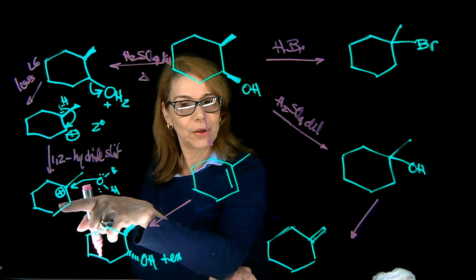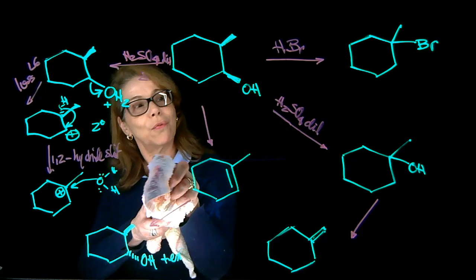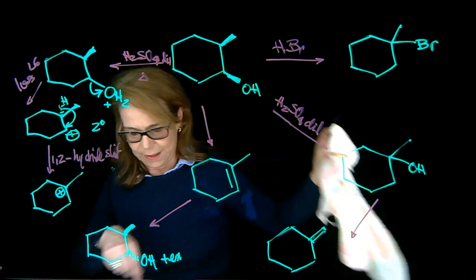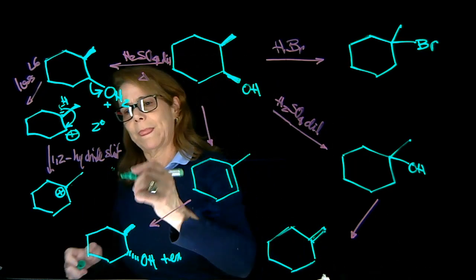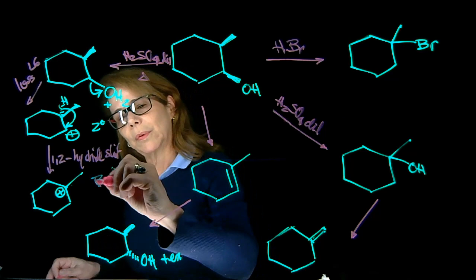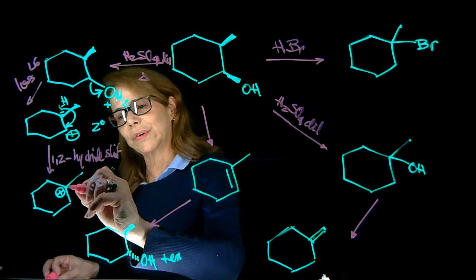But once you have the carbocation, instead of having the attack by water to form the other compound, your nucleophile is going to be bromide. Let me write it in purple. Bromide, this time attacking the tertiary carbocation.